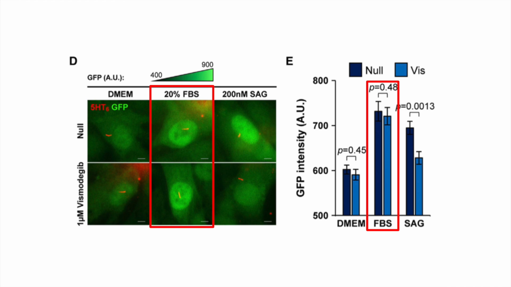But as you can see, vismodegib was unable to decrease the fluorescence significantly in cells that were growth stimulated by fetal bovine serum. These results all indicated that cilia decapitation occurred independent of the hedgehog pathway.